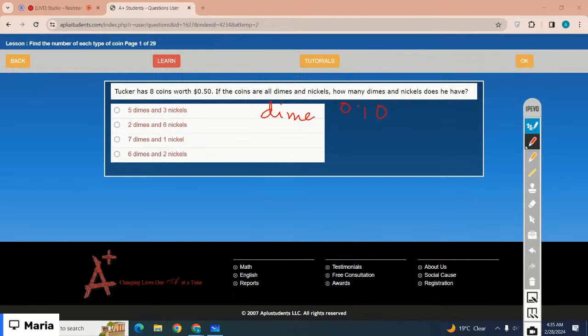And the nickel is worth 5 cents. Now you have to make the total 50 cents, right? So let's see which combination makes 50 cents.